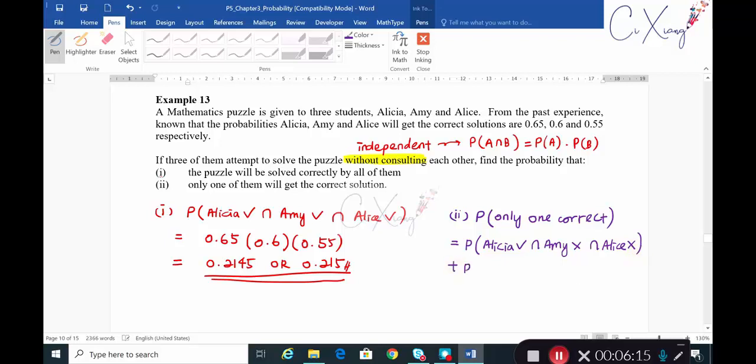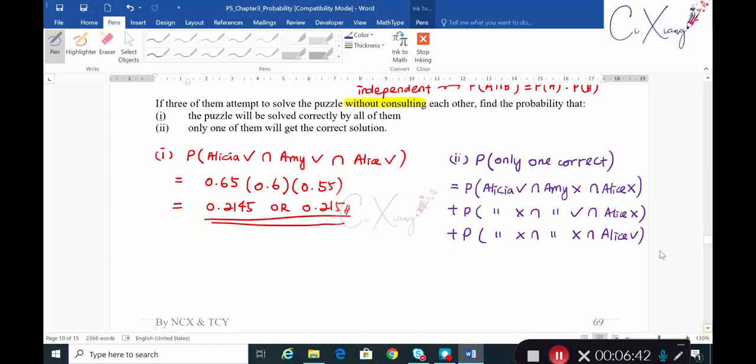Or you can have the other case where Alicia is wrong, Amy is correct, Alice is wrong. Or the third case is Alicia is wrong, Amy is wrong, but Alice is correct. So all the three cases here belong to only one of them answering correctly.